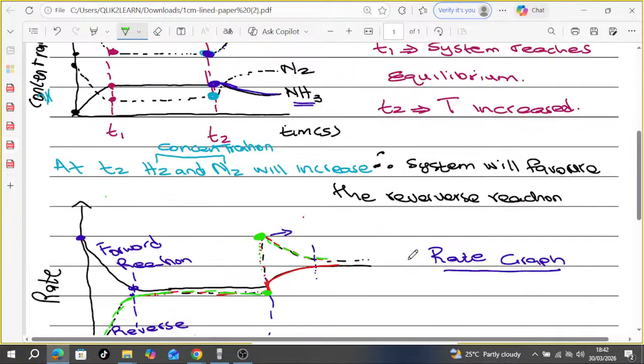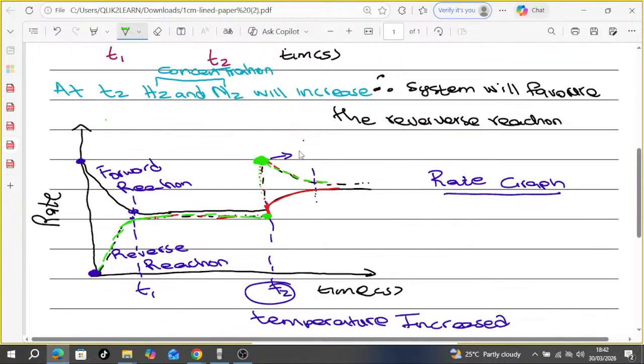Exactly. So this is where we see that the reverse reaction is favored. Are you happy about that?